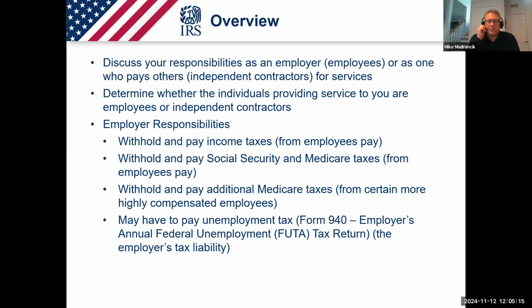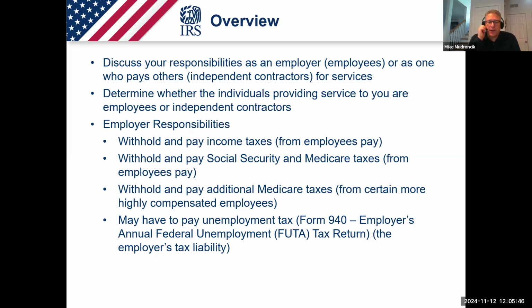Employer responsibilities. We mentioned up front that as an employer with employees, you'll need to withhold and pay income taxes from the employee's pay. You'll also need to withhold and pay Social Security and Medicare taxes from the employee's pay. You'll withhold and pay what we call additional Medicare taxes from certain more highly compensated employees.